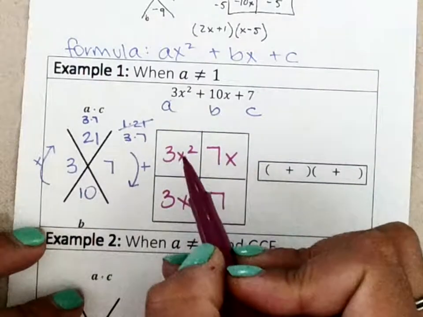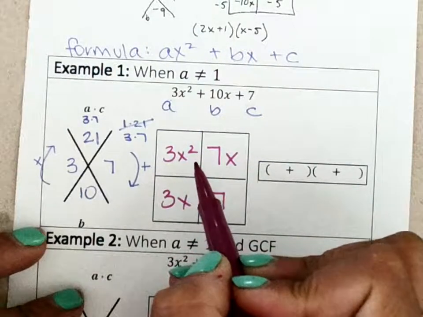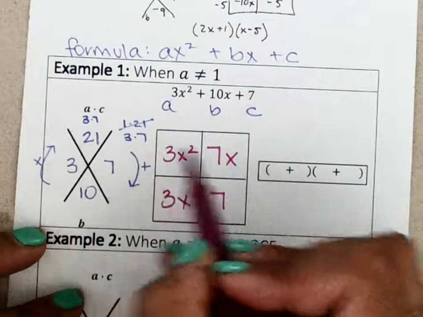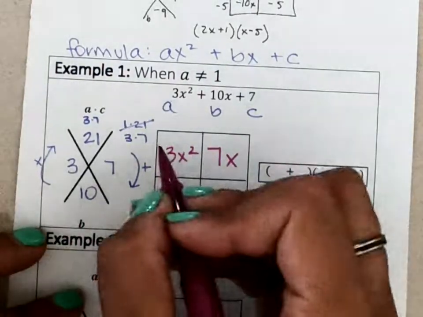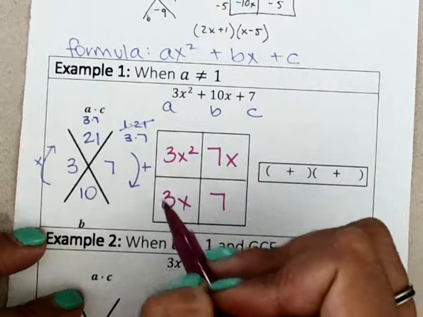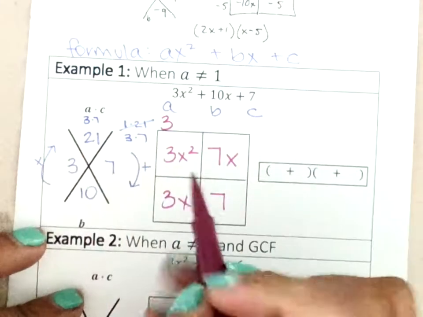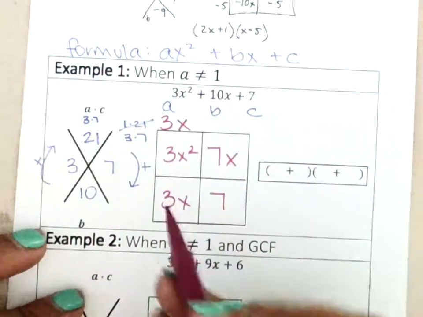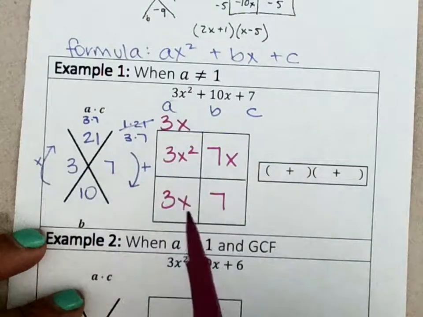Well, I need to start thinking about the greatest common factors that I can pull out of each of the columns and rows. So let's start with our columns. 3x and 3x squared. I know that I can pull a 3 out. And I also know that I can pull 1x out. This has 2 x's and this has 1.